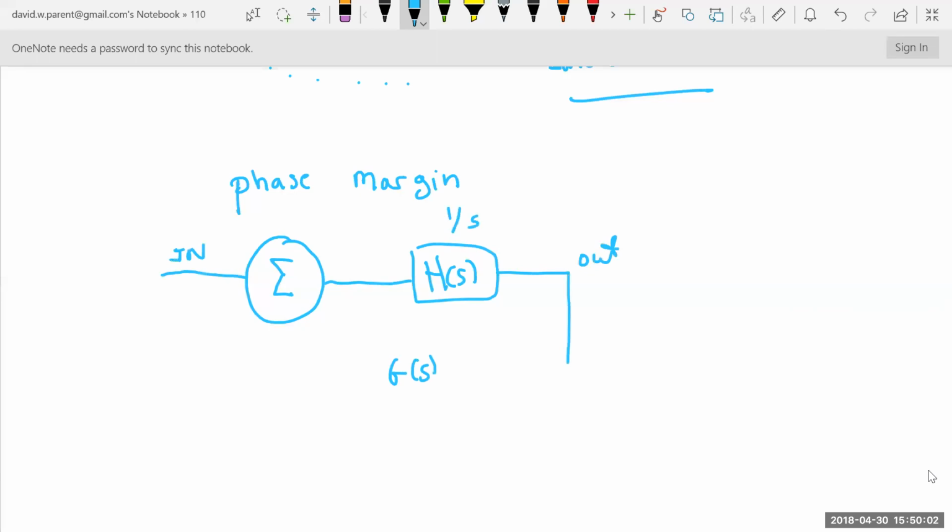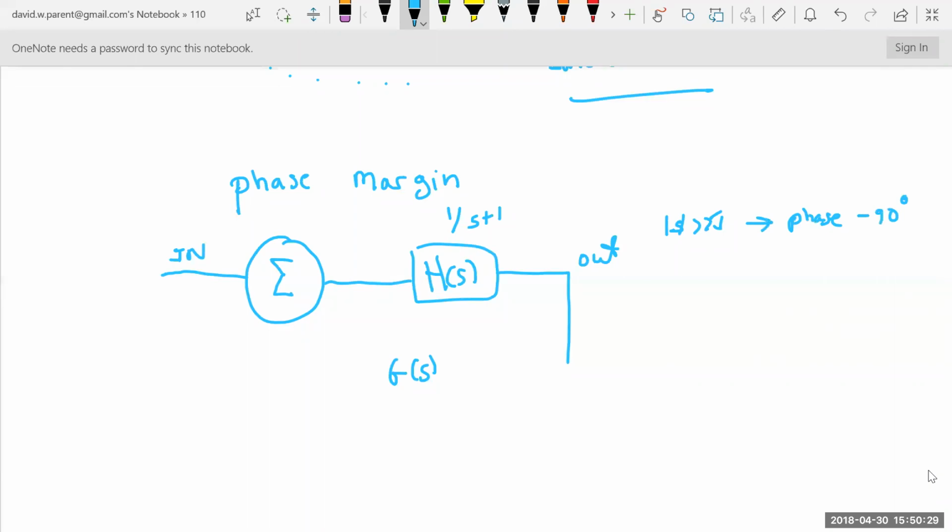Now, what if H(s) is 1 divided by s plus 1, right? For the magnitude of s a lot bigger than 1, the phase is going to be minus 90, right?